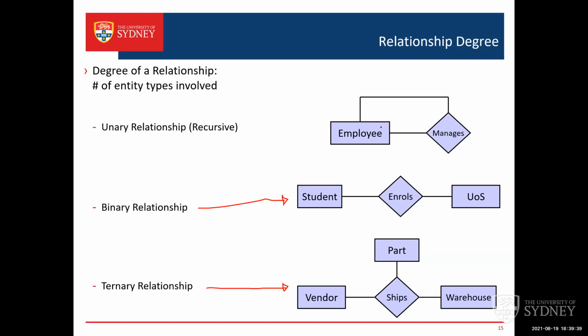Okay, anything you can think of where you might need unary relationship? Lecturer teaches students, no? Lecturer is a separate entity, student is a separate entity, right? Lecturer is not a student. So that will be a binary relationship.